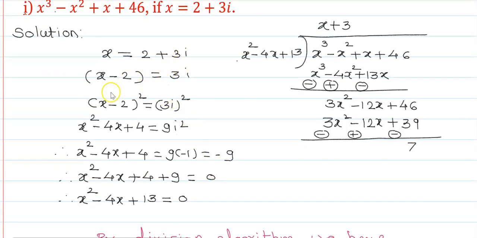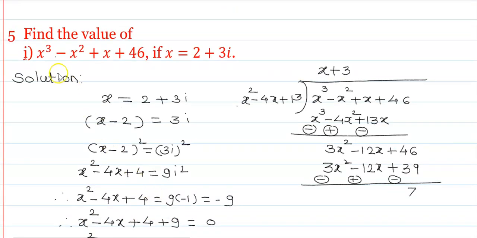First expression minus 2 comes here, squaring on both sides. x square minus 4x plus 4 is equals to 9y square. Solve this, then you will get x square minus 4x plus 13 is equals to 0. Now we will divide x cube minus x square plus x plus 46 by x square minus 4x plus 13. Each time the first term is x cube and here x square.